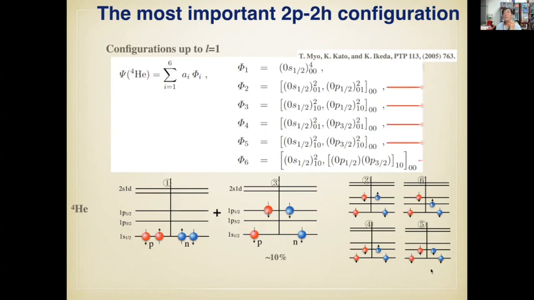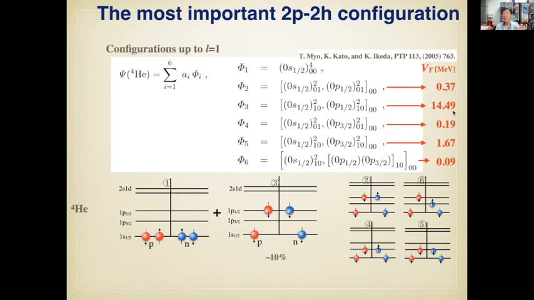Now, this is the energy obtained by the tensor interaction. You see that essentially this one gives almost all the binding energy from tensor interaction. So that is very important.